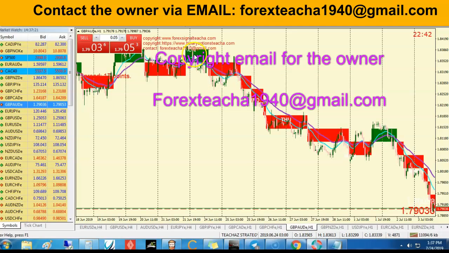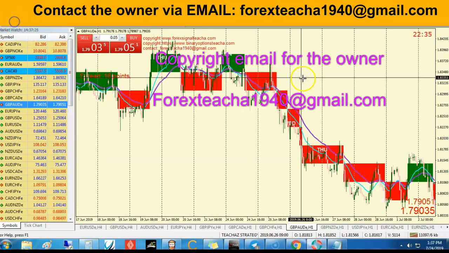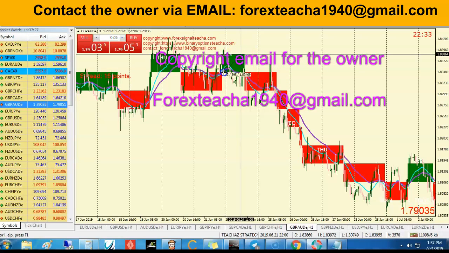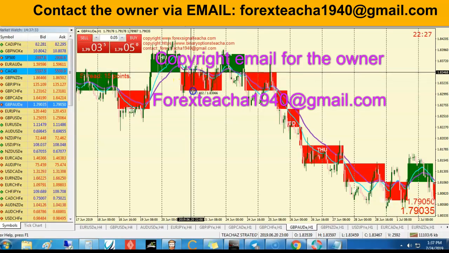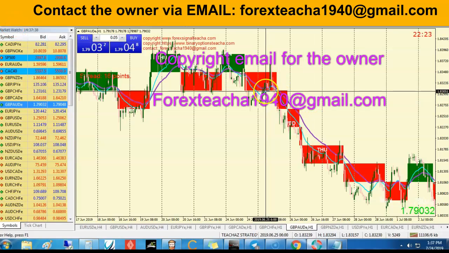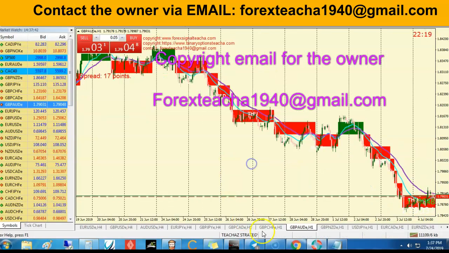And the losing trades are very small, guys. From here to here, that's about 40 pips for a losing trade. So you can afford to lose even 3 trades in a row, and then when you catch a monster trend like this one, you get back all the pips that you lost, right?